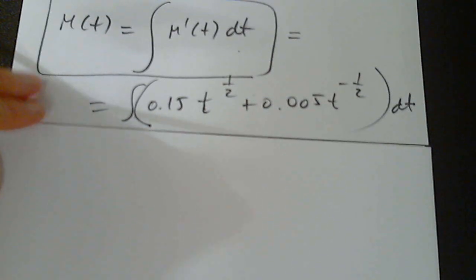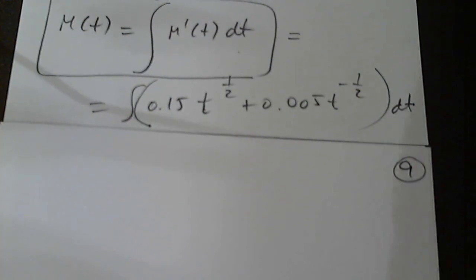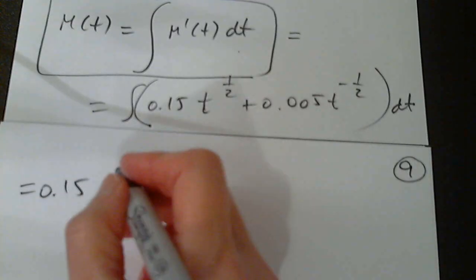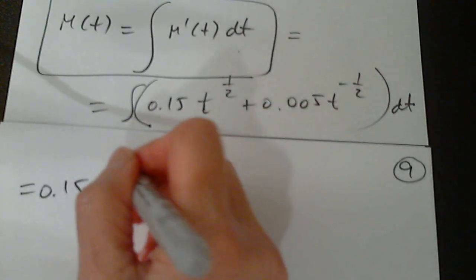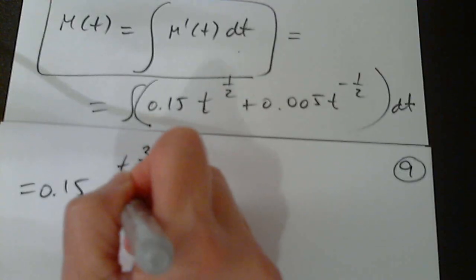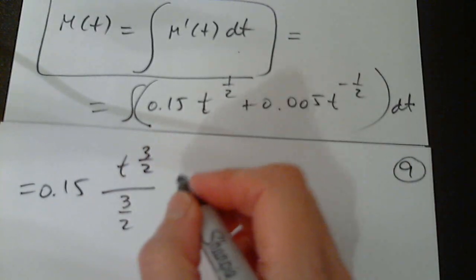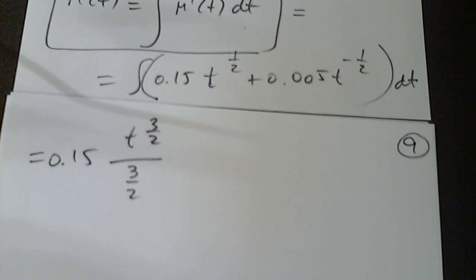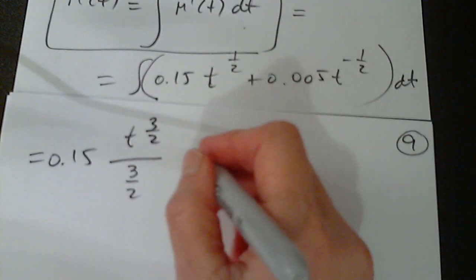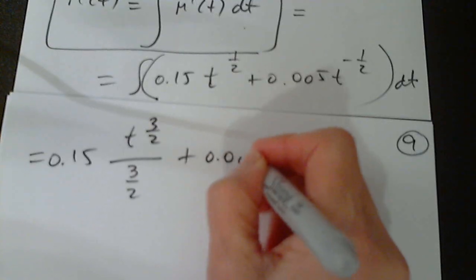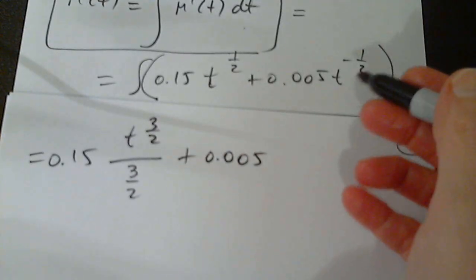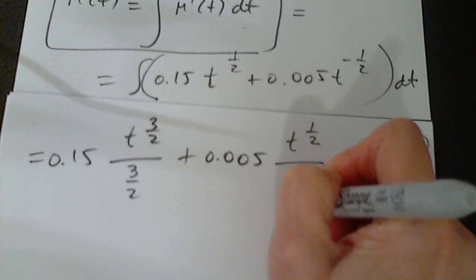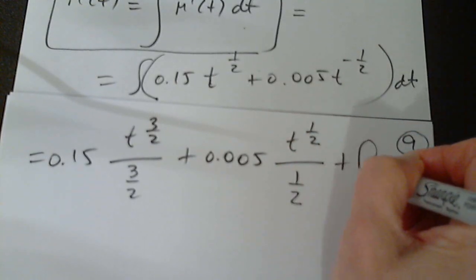So, 0.15 t to the 1/2 plus 1 is t to the 3/2 over 3/2. Plus 0.005 t to the negative 1/2 plus 1 is t to the 1/2 over 1/2. Of course, plus a constant c.